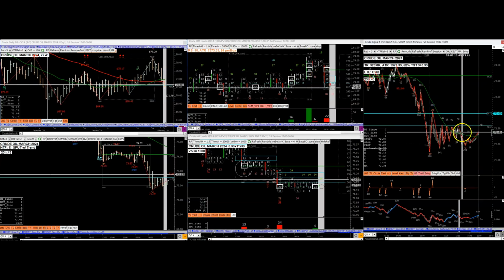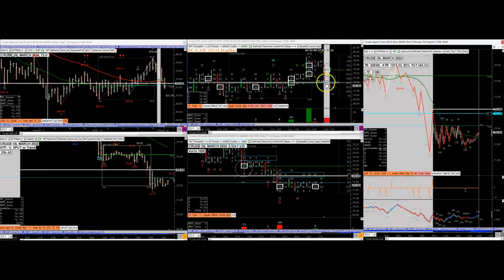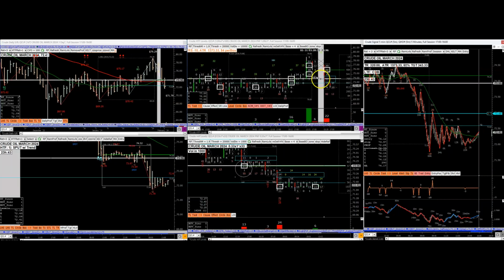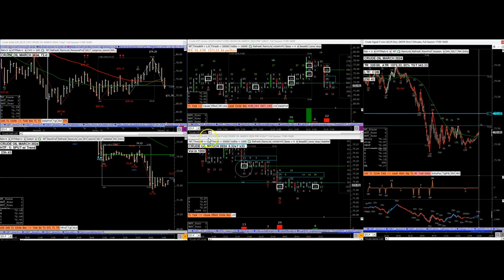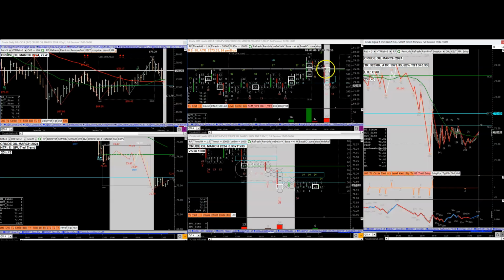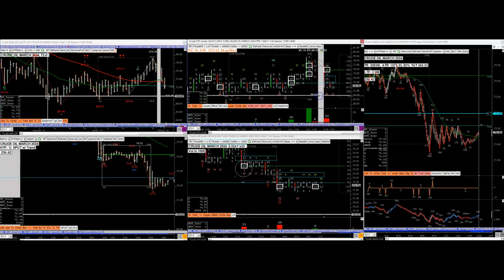So I'll just be looking at what happens when price bounces here and tests. Okay, it'll be great if I get this 26 area, but chances are that's a pretty deep retracement, and this is not the ES.